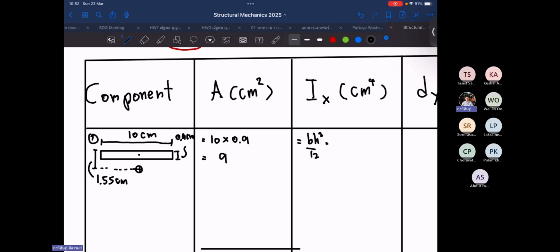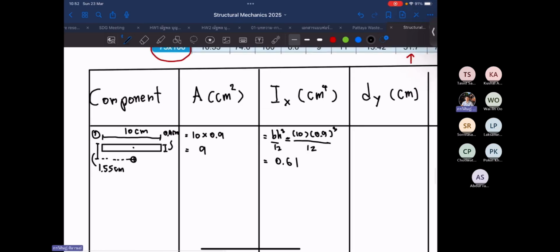The base B is 10 centimeter, H is 0.9 centimeter, cubed, divided by 12. Then hit the calculator: 10 times 0.9 cubed divided by 12 is about 0.607.